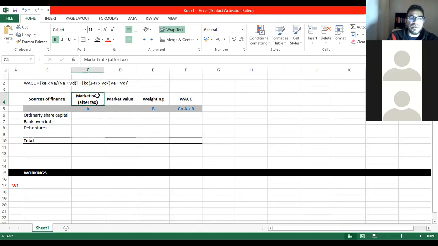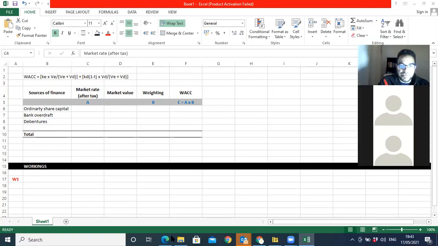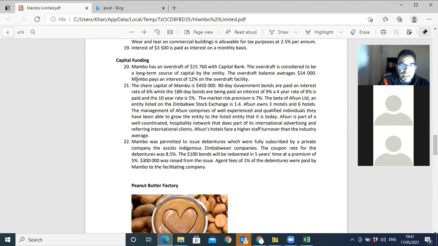Now, before you just run into calculating a market rate and a market value, first ask yourself what was given. If it was not given, then you only calculate. So if we go back to the scenario, I'll come back to number 20. That one is easy. If you look at the scenario over here, they're telling you share capital of Mambo is 450.